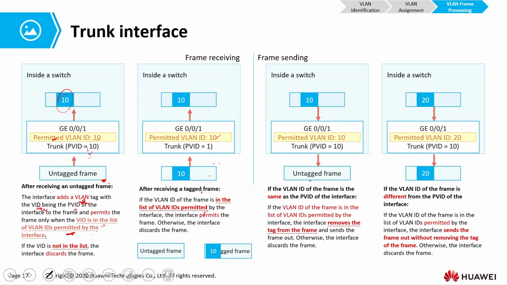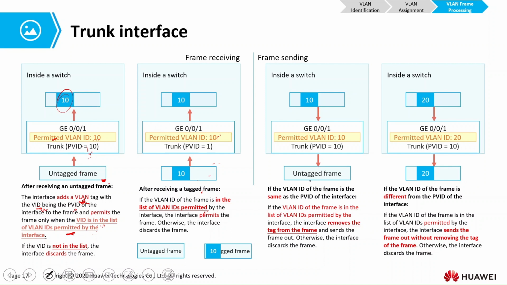Of course you already know that whenever an interface is connected to end devices and terminals, I assign it as an access interface. Then the links between the two switches I assign as trunk interfaces. This one is a trunk interface. This one is an access interface.